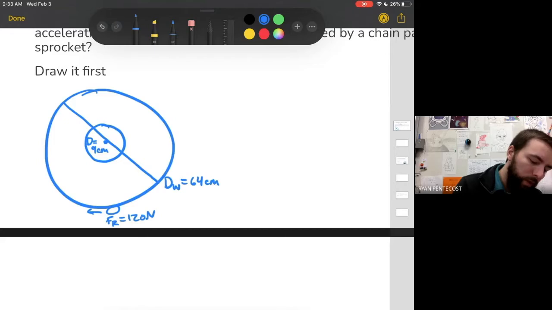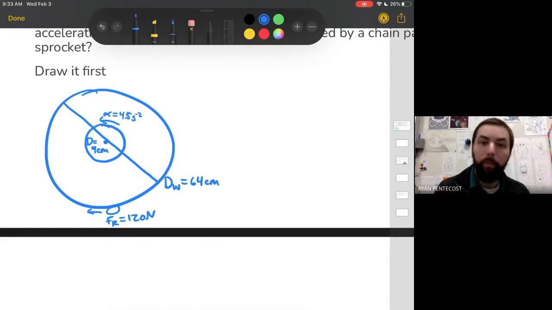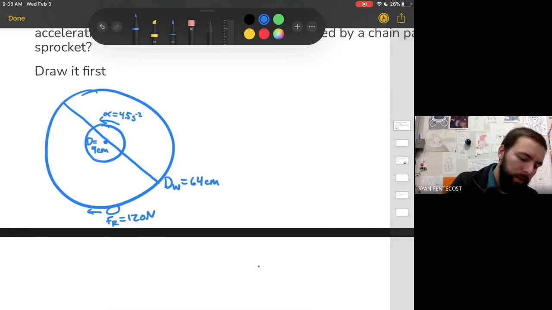But this sprocket is going to oppose that with an acceleration of 4.5 radians per second squared. But remember, you don't write the radians. Did I get everything? I think I did. Oh, and then the mass, right? Mass of the wheel is 1.8 kilograms.